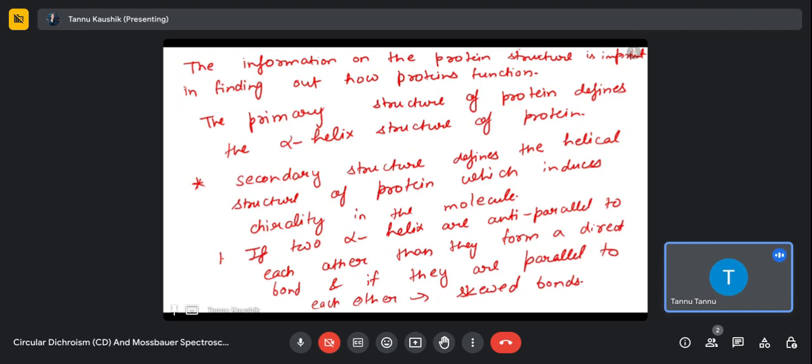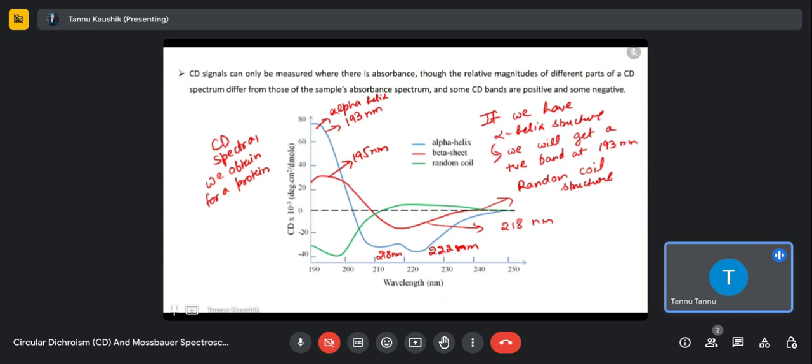So, to find out whether the secondary structure of the molecule is alpha helix, or beta sheet, or it's just a random coil structure, we record the CD spectra. And as I have said, for the alpha helix, we get a positive band at 193 nanometer, and two negative bands at 218 and 222 nanometer.